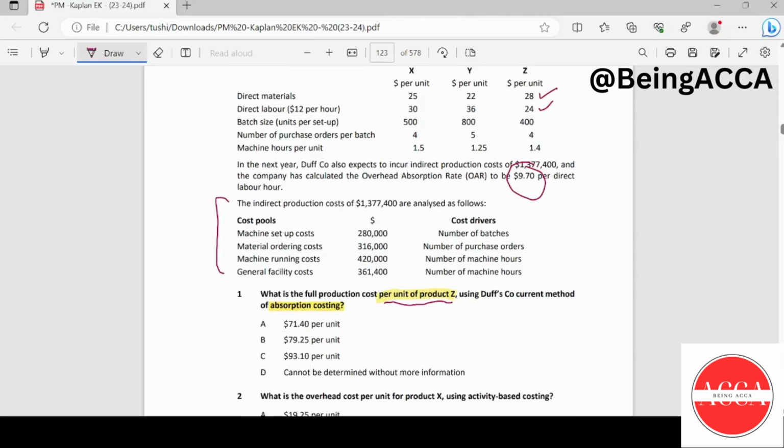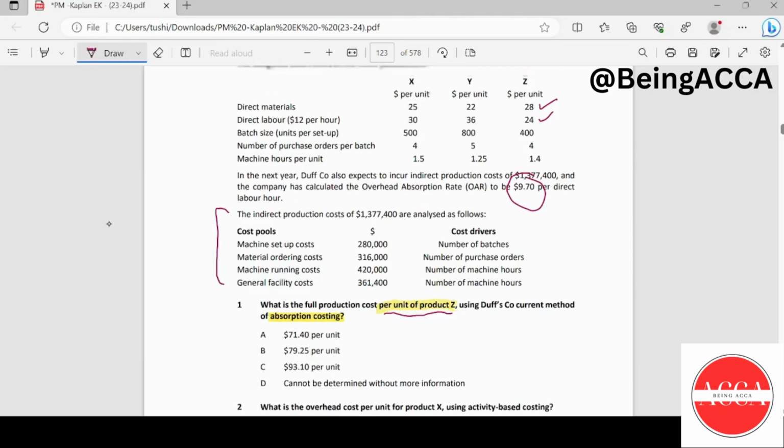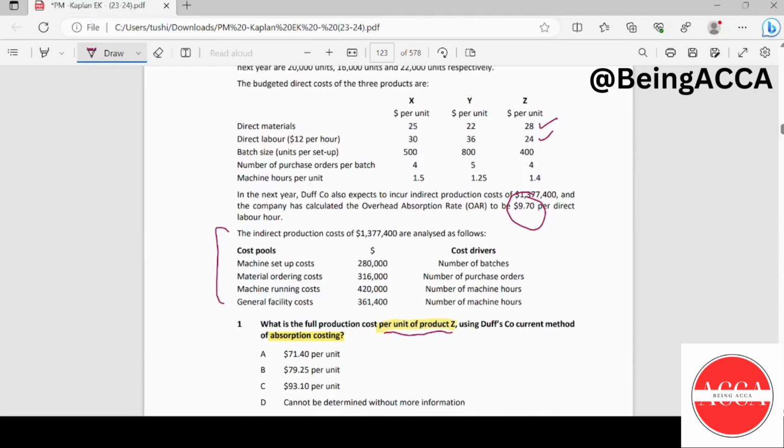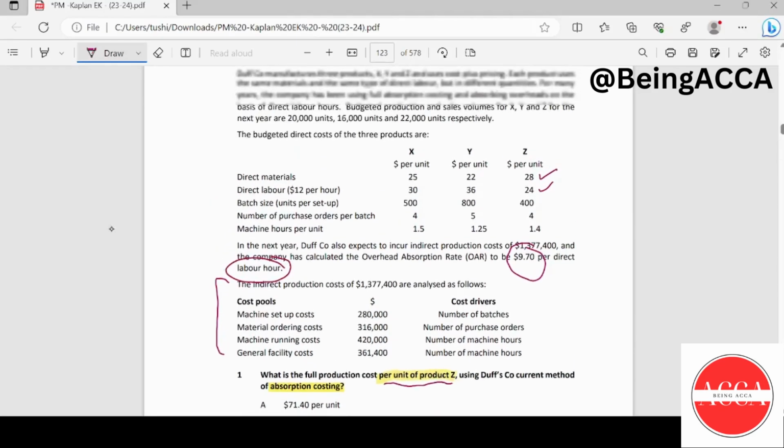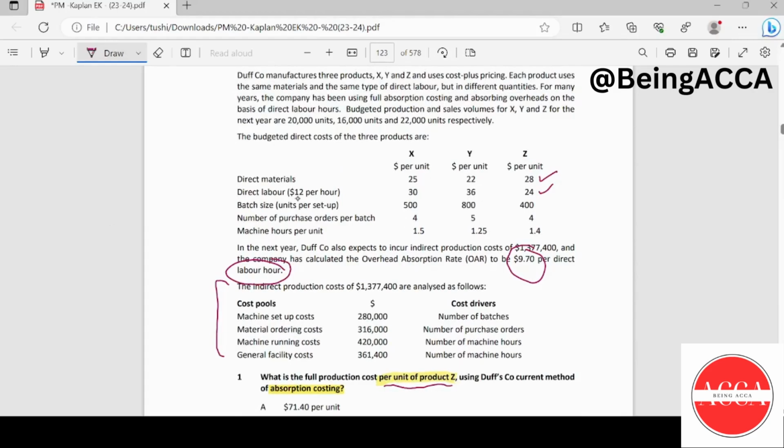We are actually absorbing these overheads using direct labor hours. Labor is $12 per hour, and this is 24. This means that 24 divided by 12 is 2. So this means that product Z takes two labor hours to complete.